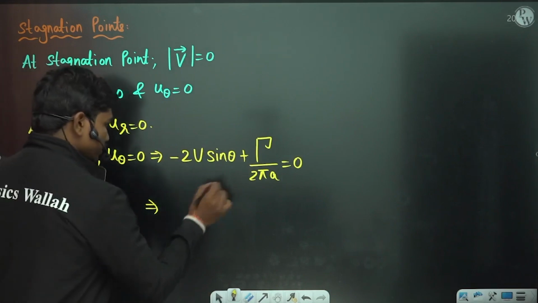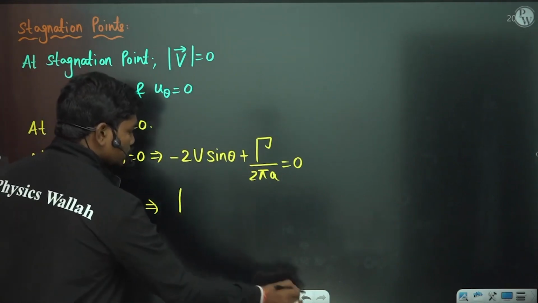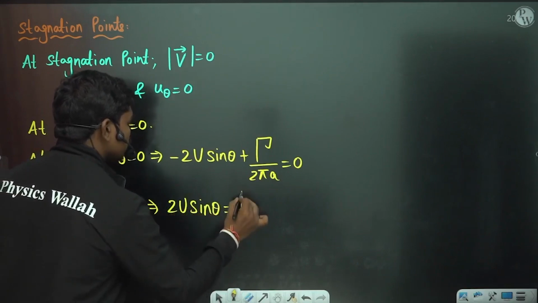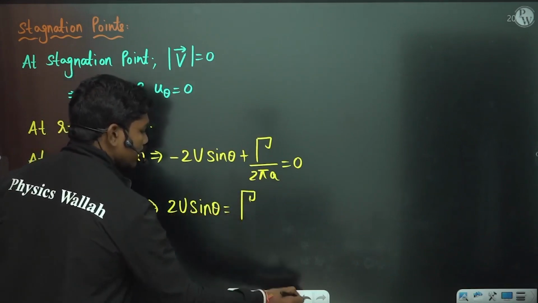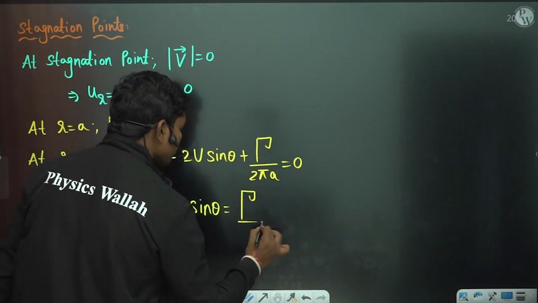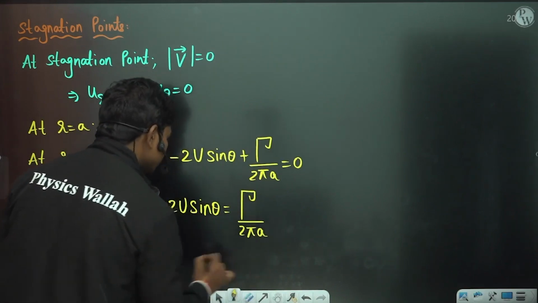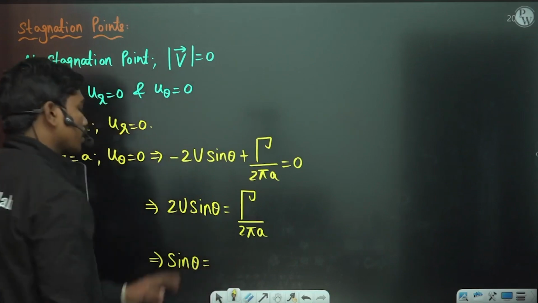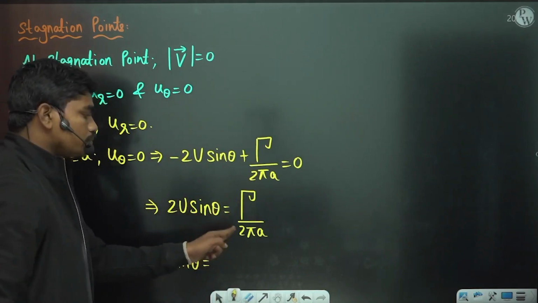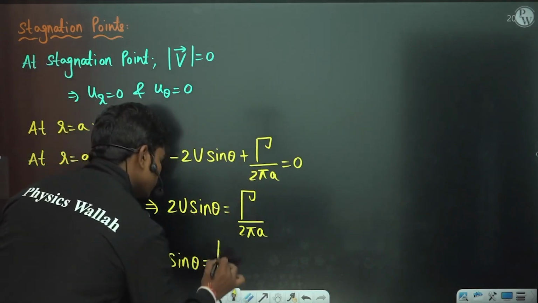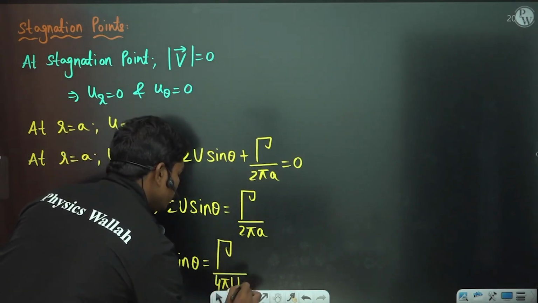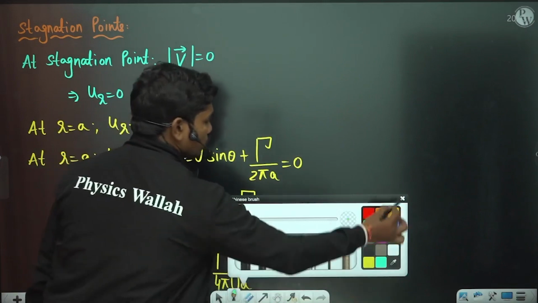So from this equation, we have 2u sine theta equal to circulation by 2 pi a, and this implies your sine theta is equal to circulation divided by 4 pi u a.